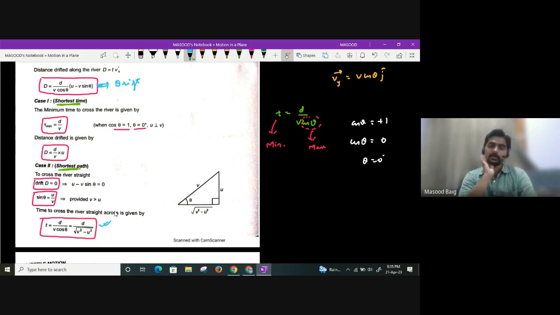Then the time in shortest time is d by v, and the drift is u into d by v. Whereas in shortest path, drift should be 0, guys. So when drift is 0, how should he be swimming? He should be swimming at an angle sin inverse of u by v. Clear, all of you? And the time of crossing will be d by under root of v square minus u square. V is the speed of the object. U is the speed of the stream. Clear, everyone?